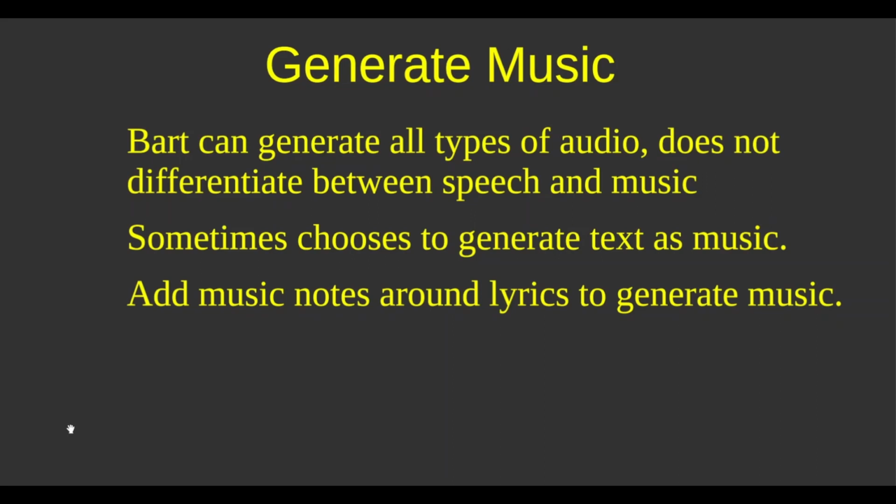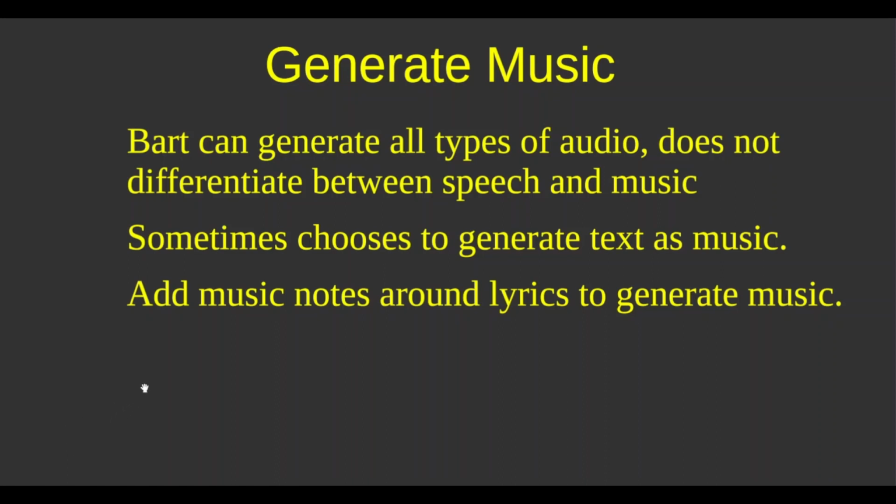Bark is also able to generate music, though this is not technically accurate because Bark does not differentiate between speech and music. It's able to generate them without any extra effort. Sometimes it's able to generate text as music if the lyrics express a popular and well-known piece of music.